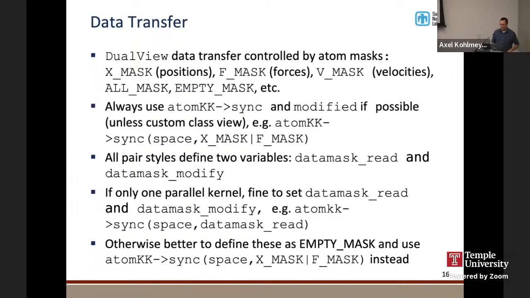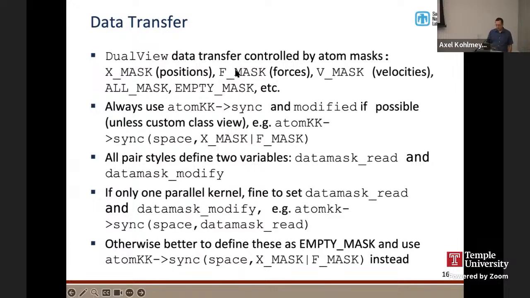We should always use this atom Kokkos class, sync and modified, if possible. If it's an atom array, like positions or forces or velocities, then you want to use something like this. It's atom KK sync, and then your execution space could be host or device. And then this is a mask, so you use the bitwise or operator to say I want both positions and forces to be synced to, you know, the GPU.